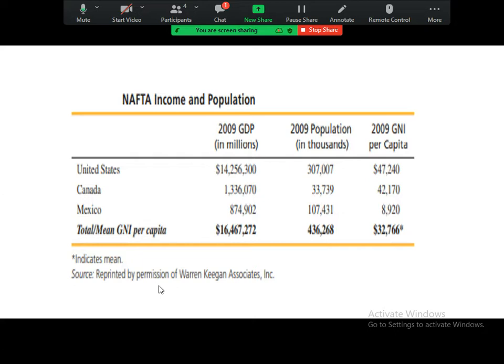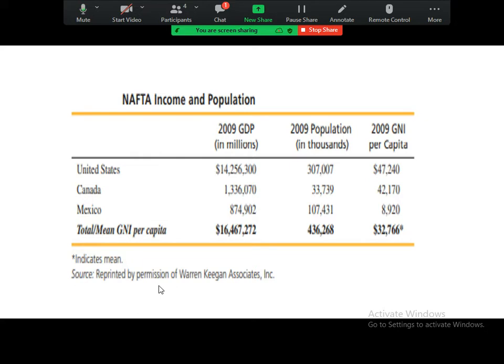and total GDP of almost $16.5 trillion. Now, why does NAFTA create a free trade area as opposed to a customs union or a common market? The governments of all three nations pledged to promote economic growth through tariff elimination and expanded trade and investment.